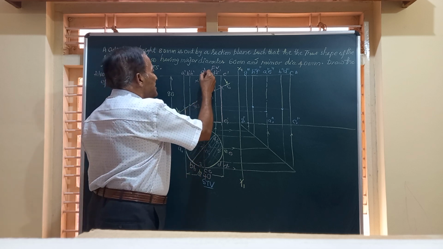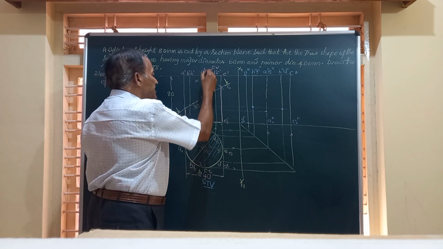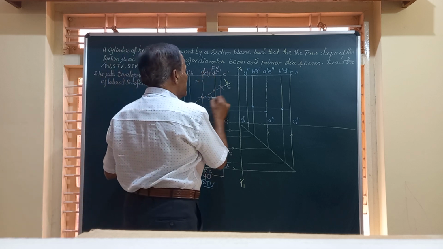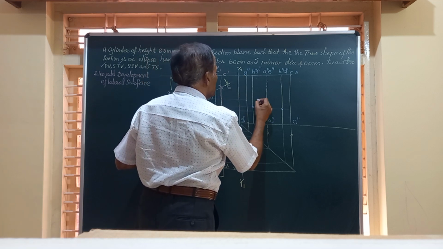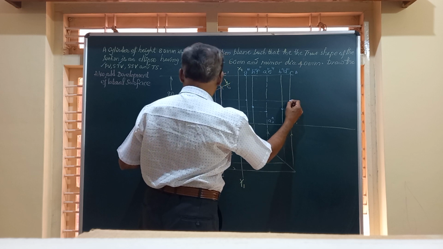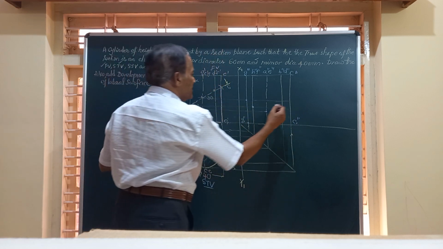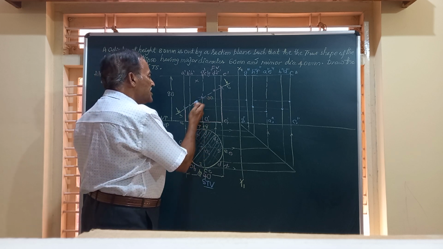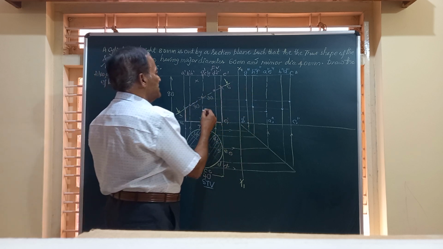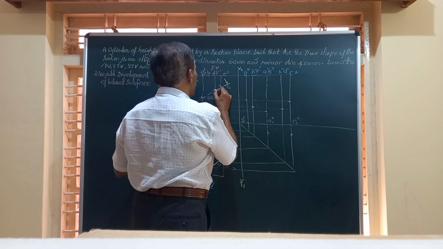Similarly, the generators CC and GG are cut here exactly at the mid height. So that one is on GG, other is on CC. Next, friends, similar to this, you are going to have points on the other side exactly identical.